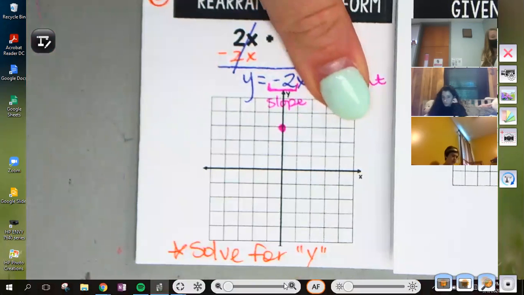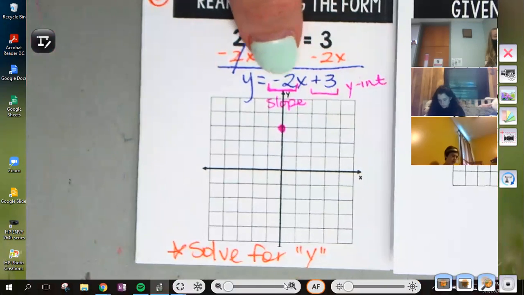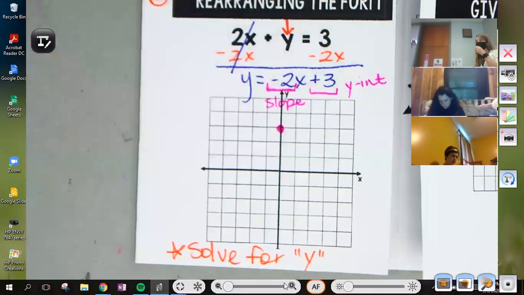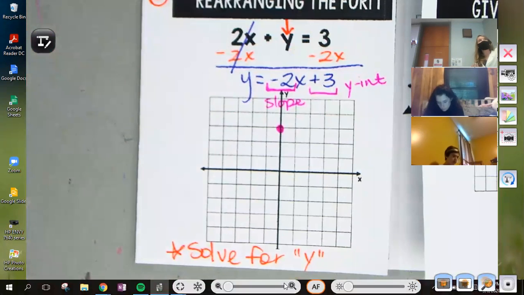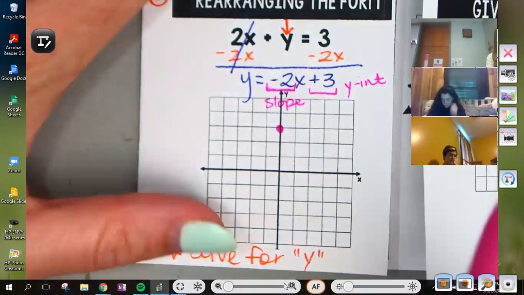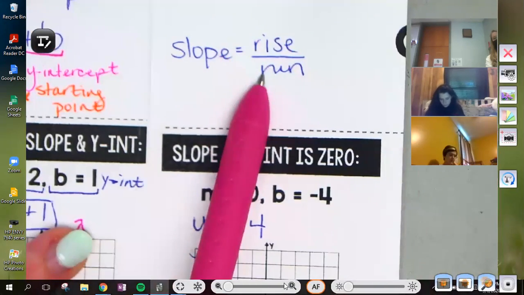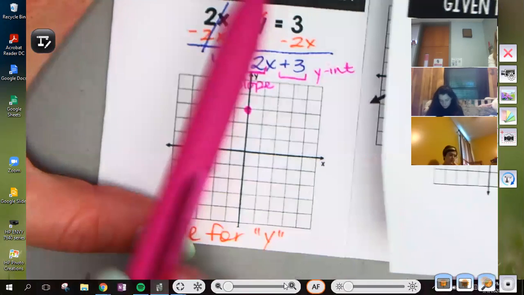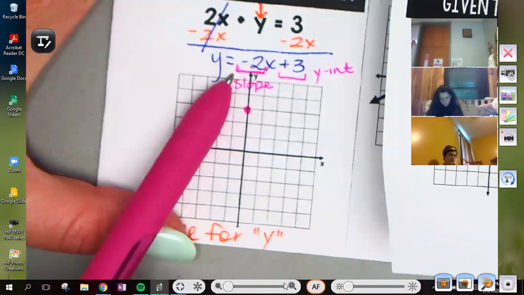Now my slope is negative 2. If my slope talks about how my graph increases or decreases, and my slope is negative, what is my graph going to be doing? It's going to be going down. It's decreasing. We talked earlier about how it's the rise and the run. Do I have a numerator and a denominator?